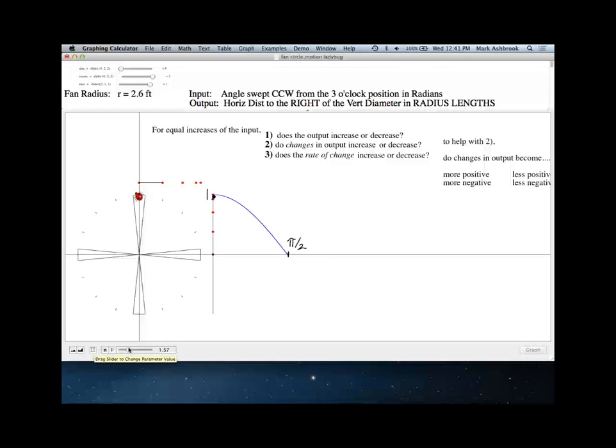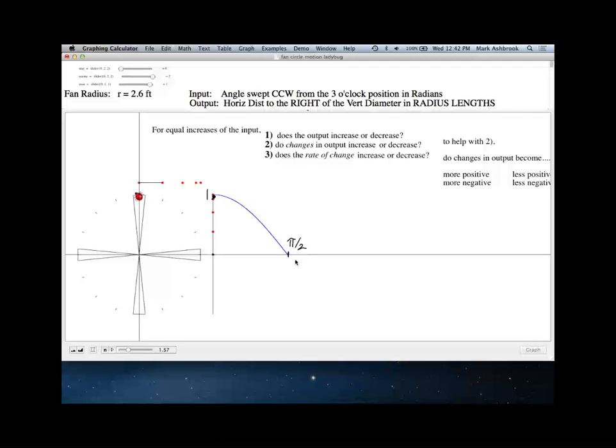That horizontal distance to the right is decreasing, and so those changes are negative, and they're getting bigger negative. Here's the first, here's the second, here's the third. They're getting bigger negative. So is the rate of change increasing or decreasing? Decreasing. It's getting faster negative, right? And that's a decreasing rate of change, so it's concave down.